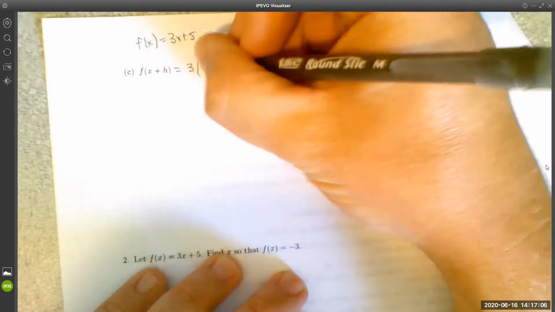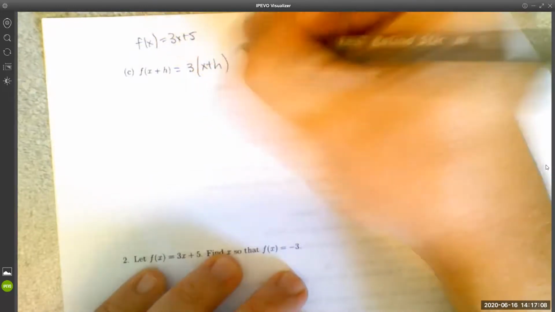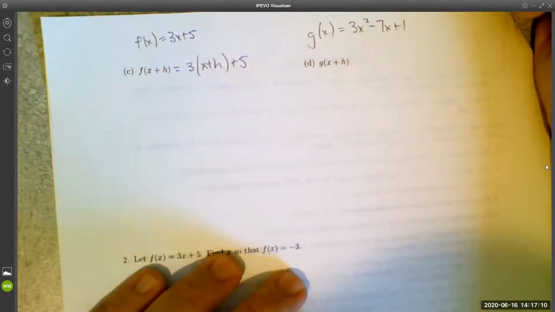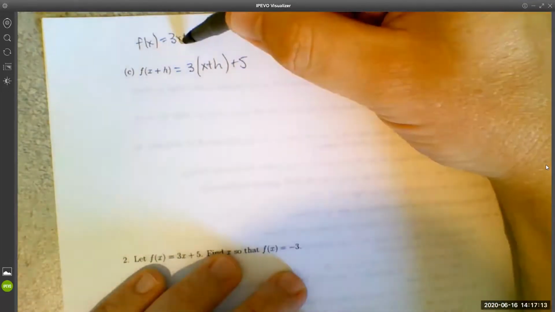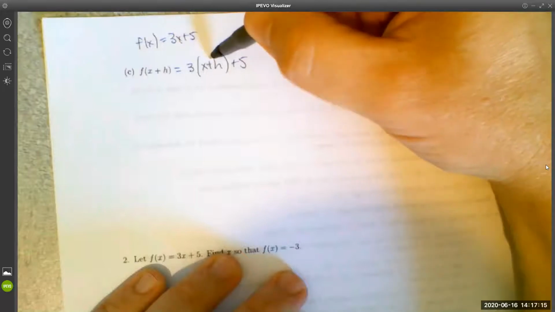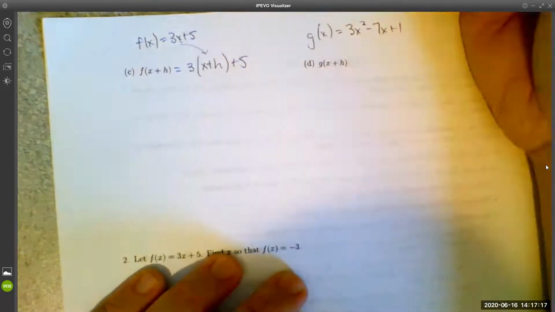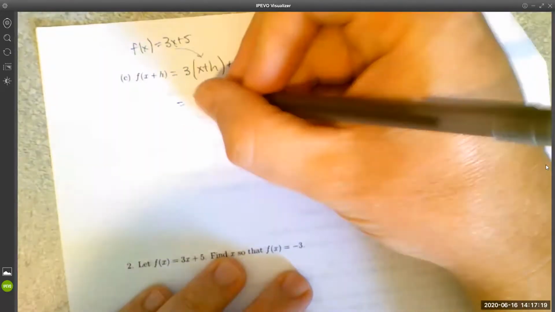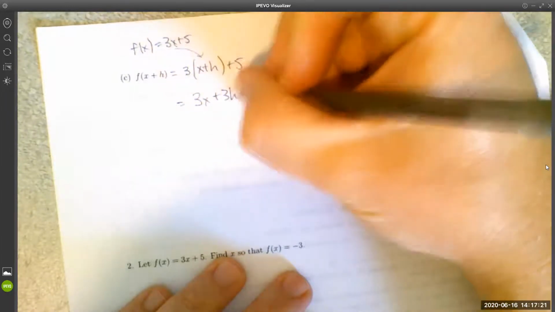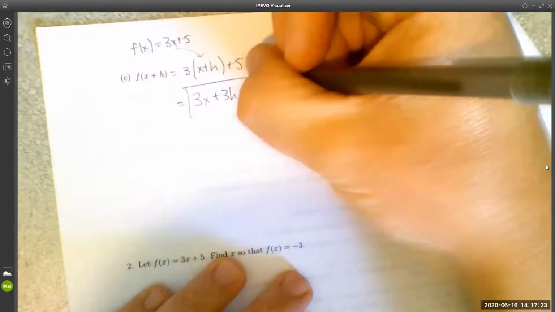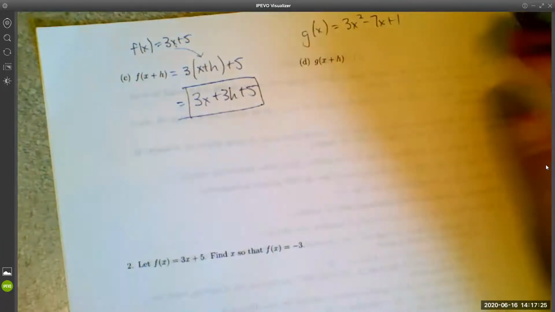So it's going to be 3 times x plus h plus 5, right? I just plugged in x plus h for x. Anyway, we can simplify this: 3x plus 3h plus 5. And then there are no like terms to combine, so that's as far as that one goes.